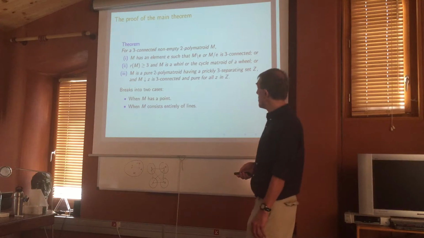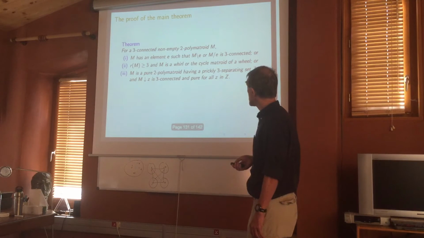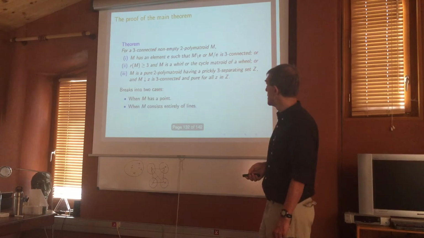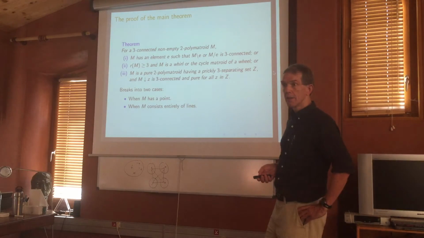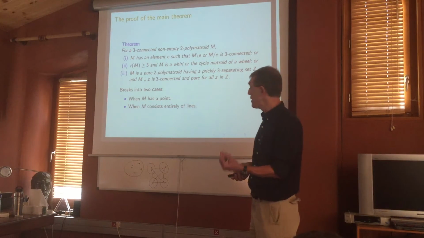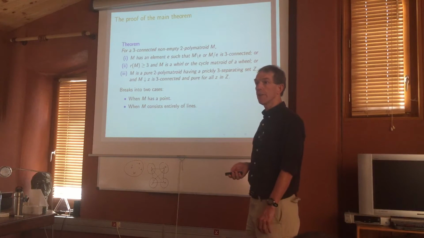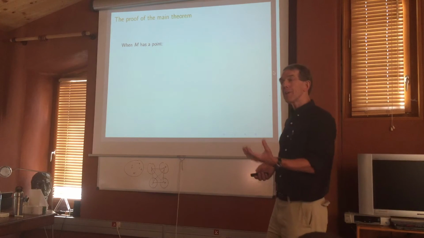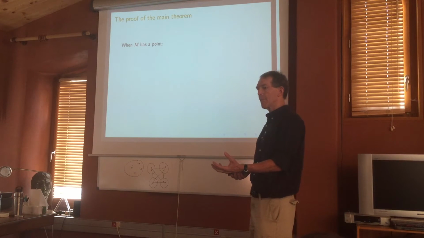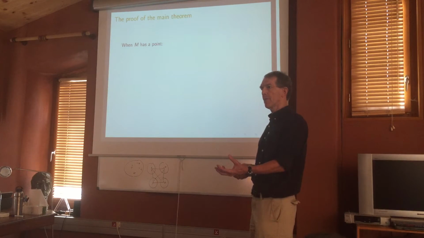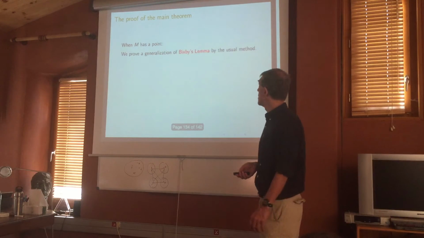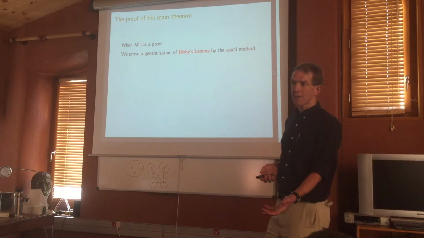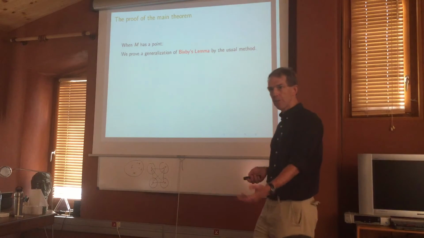So this is the main theorem again, and it breaks into 2 cases: when you've got a point, a rank 1 element, and when M consists entirely of lines. When you've got a point, the argument is basically exactly the same as the argument that you would use to prove Tutte's wheels and whirls theorem. You prove a generalisation of Bixby's lemma by the same method as normal, except that you're dealing with 2-polymatroids.